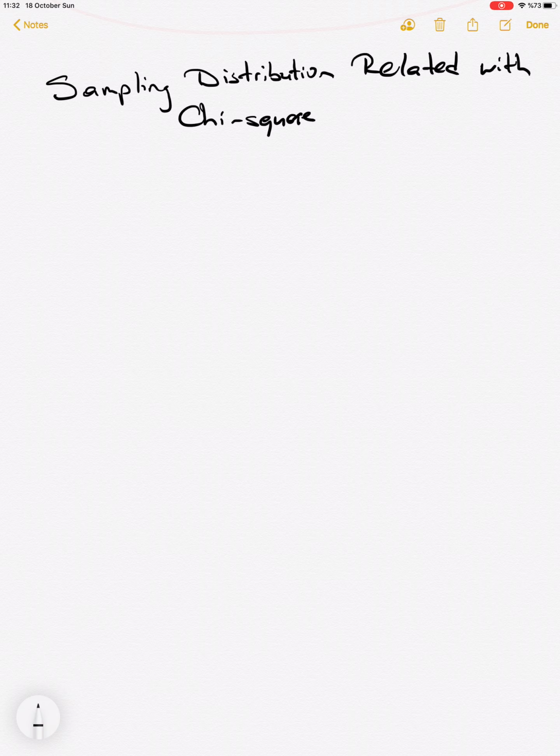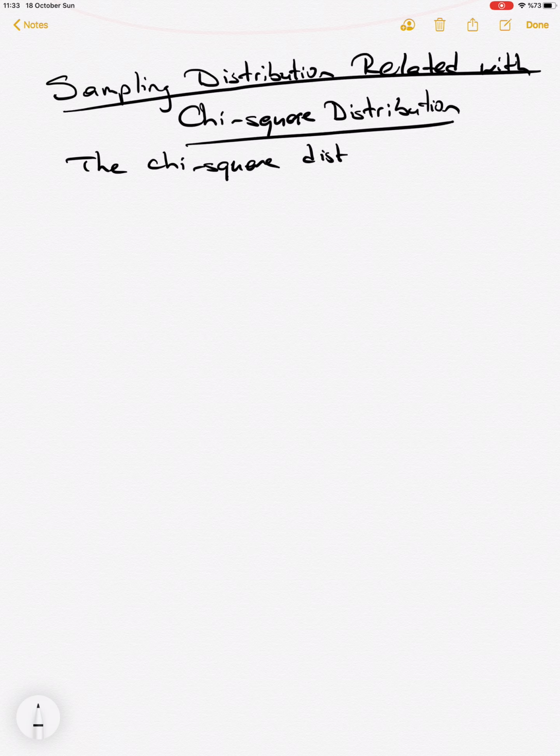Chi-square distribution is a special case of gamma distribution, which is a positive defined right-skewed distribution.